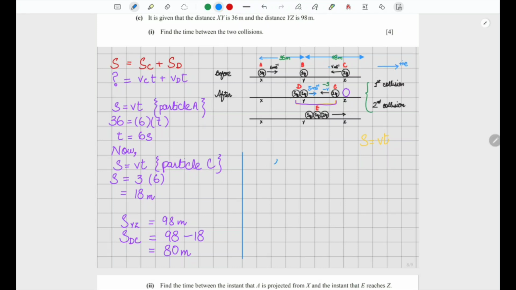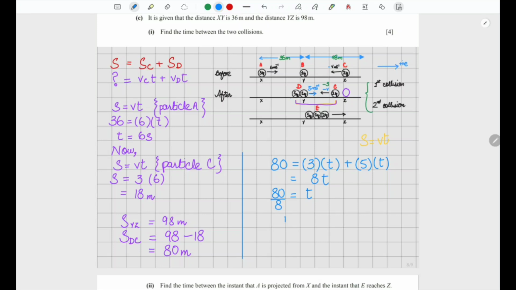So 80 will be equal to the velocity of C, which is 3, times t, which we don't know, plus the velocity of D, which we know to be 5, times t. So it will give you 8t, and t will be equal to 80 over 8.